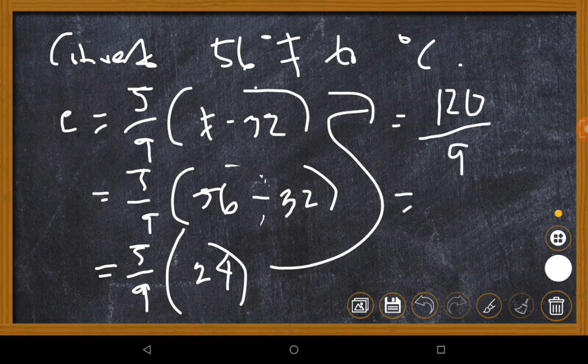So 120 divided by 9 would be 13.33 degrees Celsius. So that's all for today.